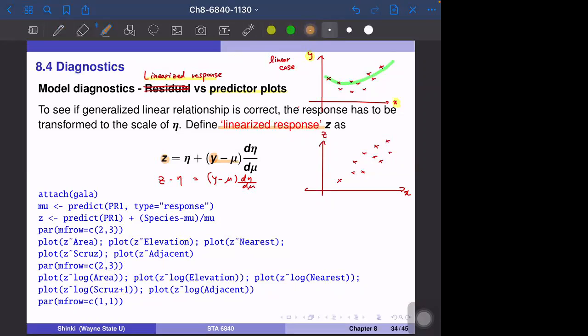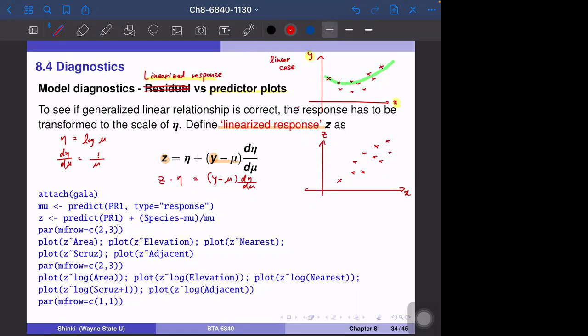In this example we use the Galapagos Island data, which is a Poisson distribution. For the Poisson distribution, the log of mu is equal to eta. So d eta over d mu is equal to 1 over mu.